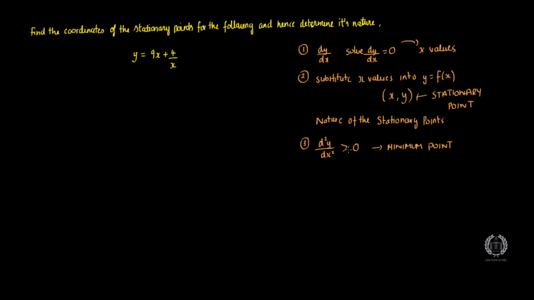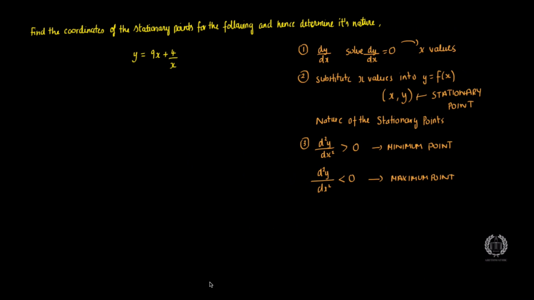No, in this case, you do the opposite. Greater than 0 means it's a minimum point. And I'm sure you've already guessed, if d2y/dx squared is smaller than 0, this will be a maximum point.